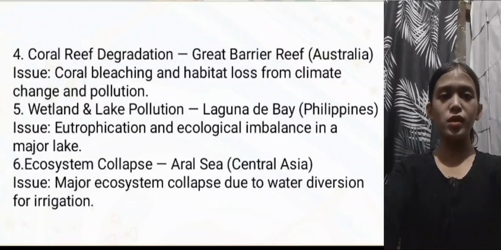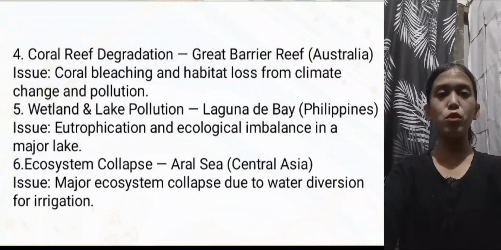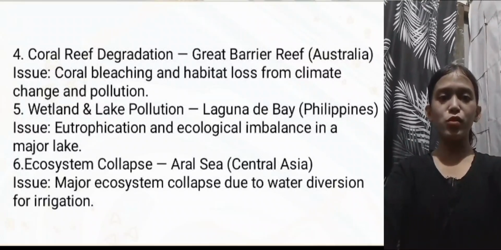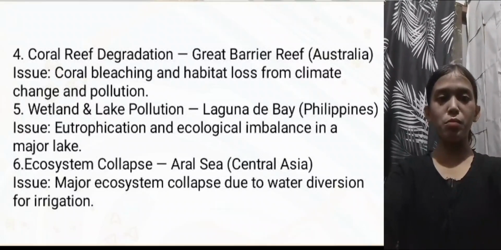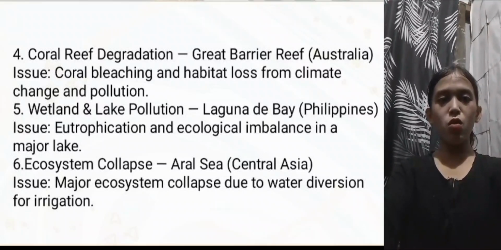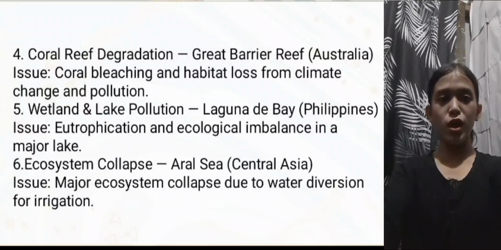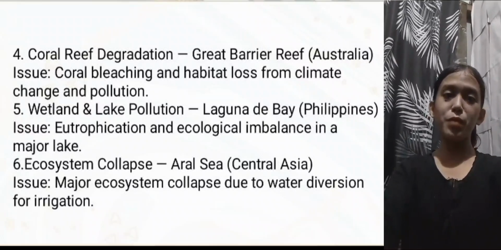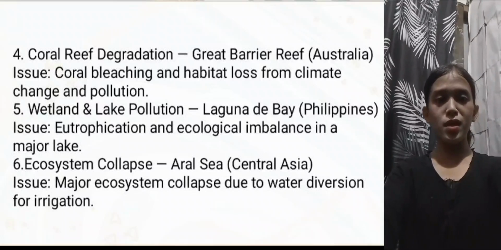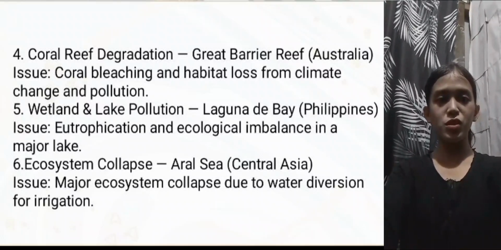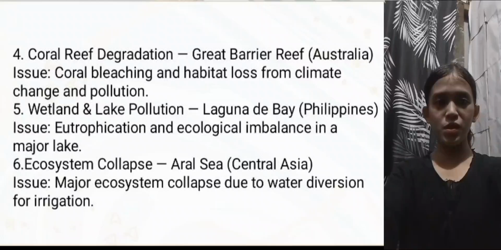Due to rising sea temperature and pollution, corals turn white and die. So this is called coral bleaching. So why is it a problem? Because fish lose their habitat, marine biodiversity decreases, and it affects fishing and tourism.